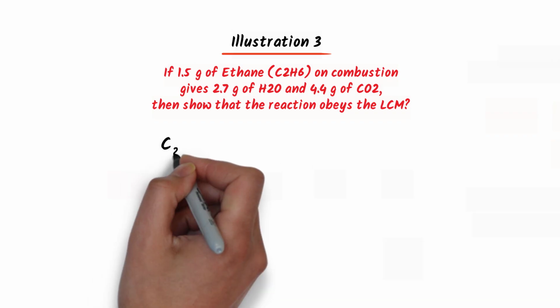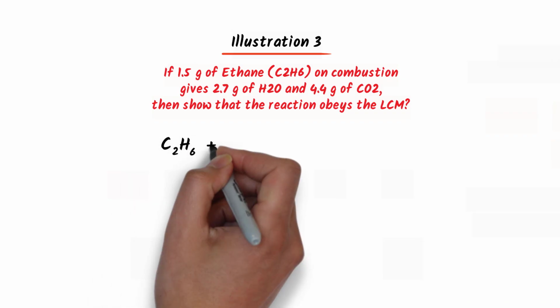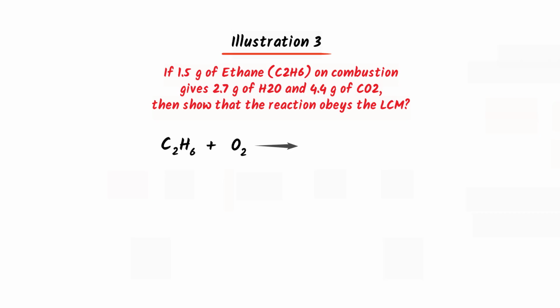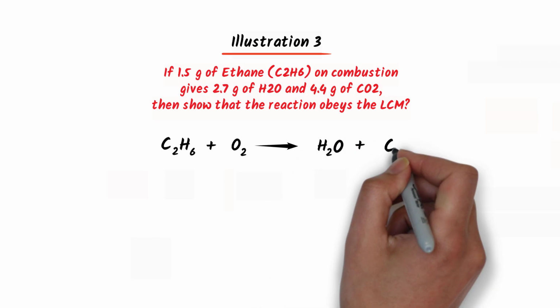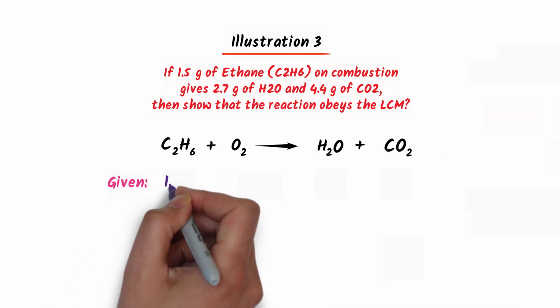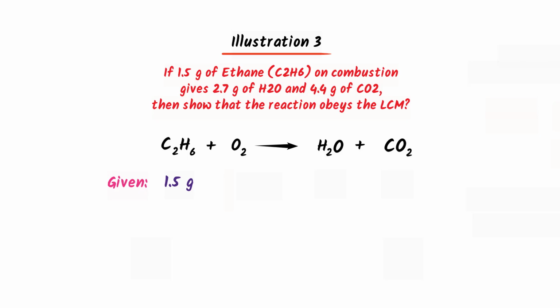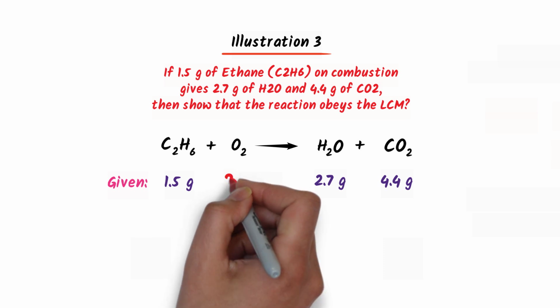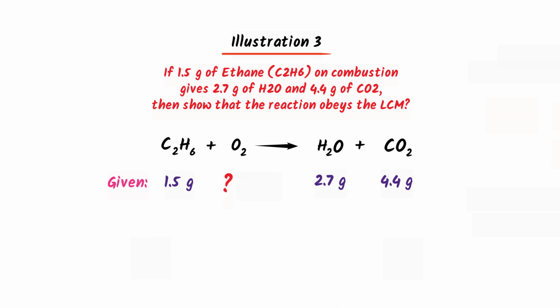In this case, ethane molecule undergoes combustion reaction in the presence of oxygen and it produces water and carbon dioxide. Since we are given 1.5 grams of ethane, 2.7 grams of water and 4.4 grams of carbon dioxide, but we are not given the mass of oxygen that reacts with ethane molecule.